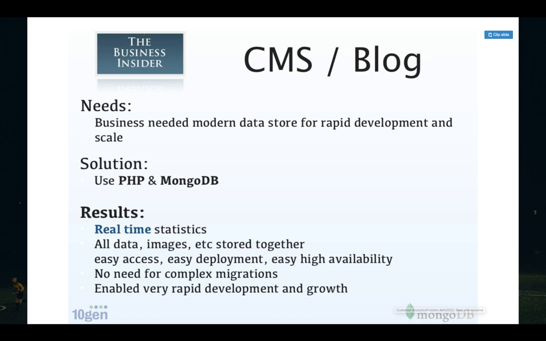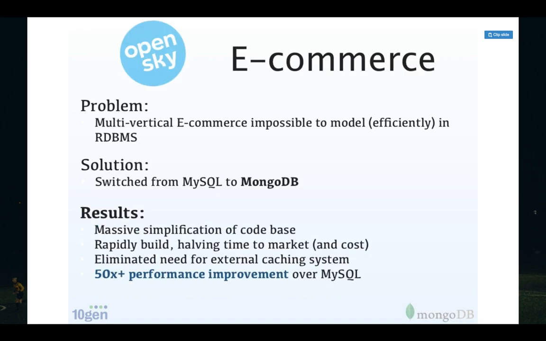Going to the next company, we have OpenSky. It's an e-commerce platform. They were facing the problem of multi-vertical e-commerce. So they started switching from MySQL to MongoDB.